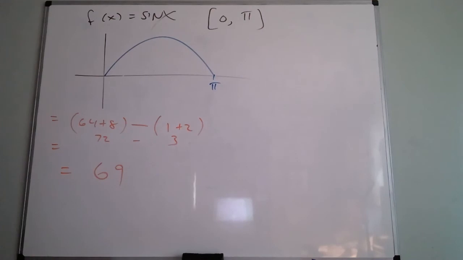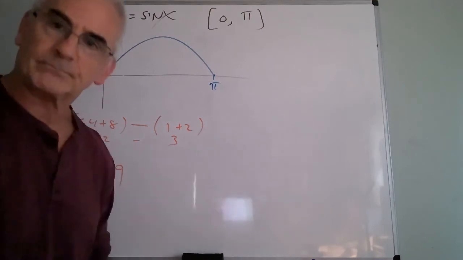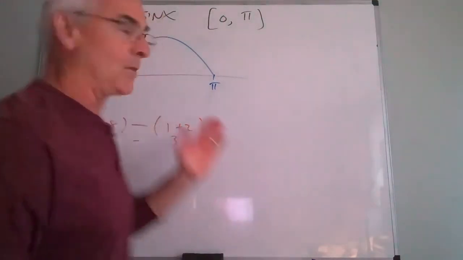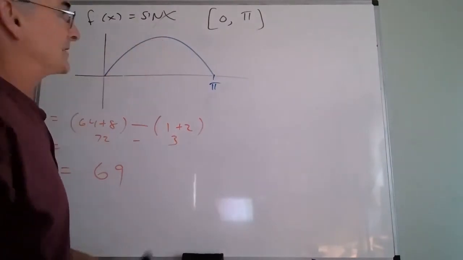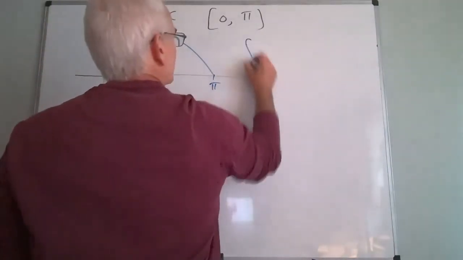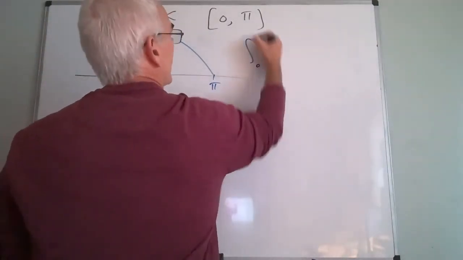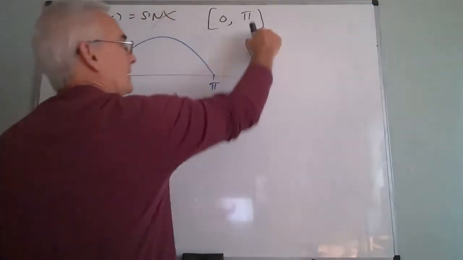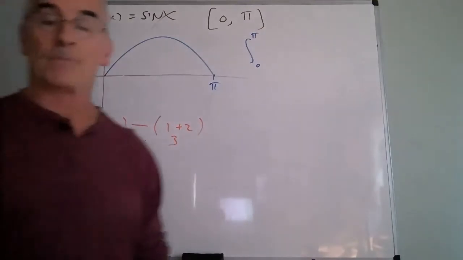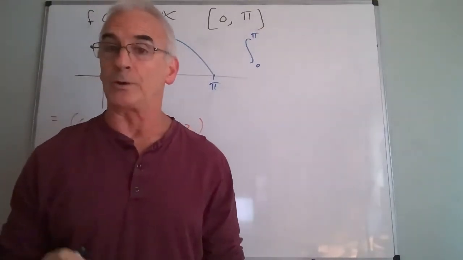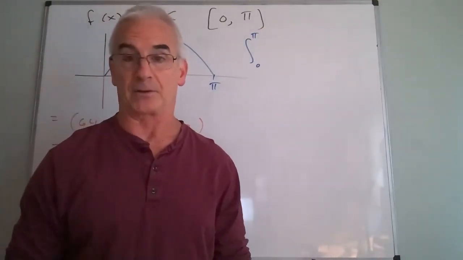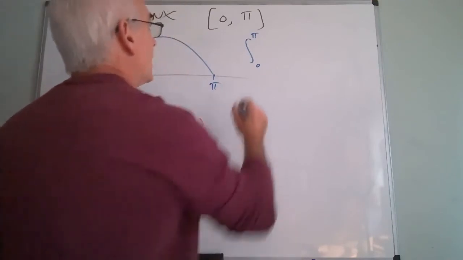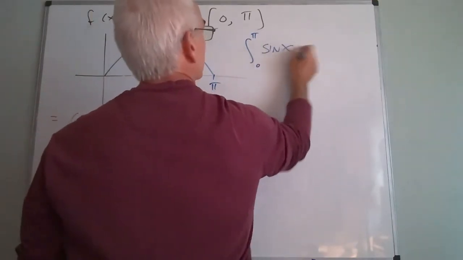I'd like the area under the curve, the area between the curve and the axis. Well, that means I want the integral from 0 to pi. Again, lower limit to upper limit. The order does matter. If I swap the order, we already know that changes the sign of the answer, and that's not good. Of sine of x dx.